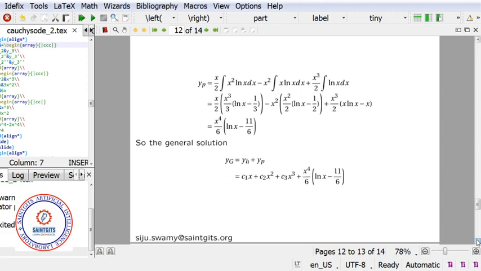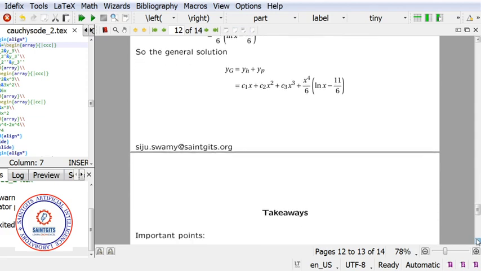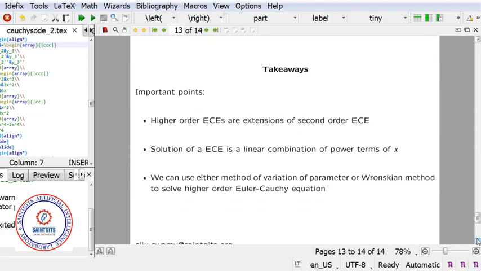So it is important to keep in mind that when we are using Wronskian, the total equation should be in the standard form. Otherwise, it will create an error in the particular solution. So important takeaways: higher order Euler Cauchy equations are actually extensions of second order Euler Cauchy equations.